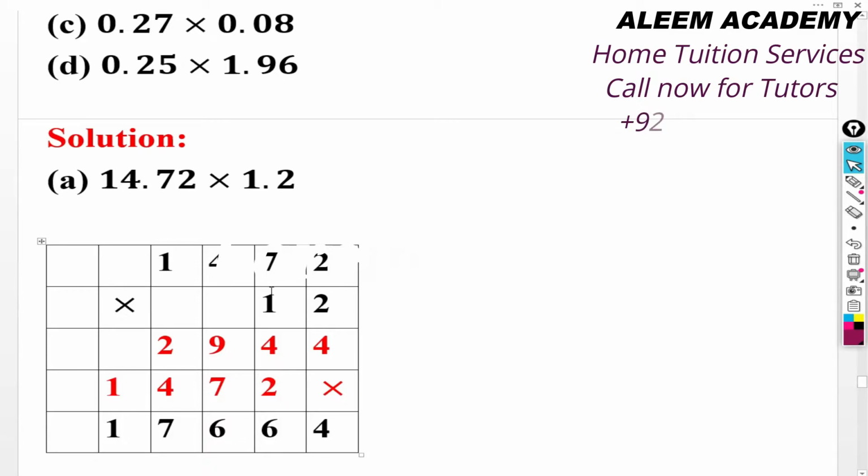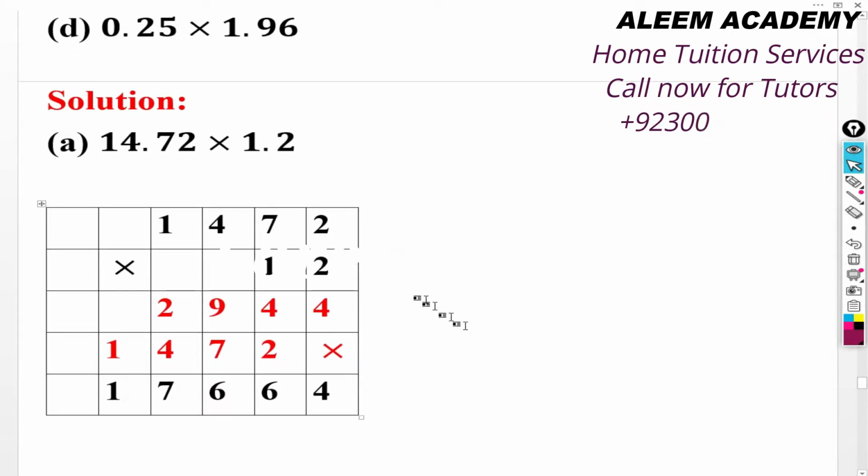Now we have to put the decimal. By putting the decimal, we will get our final answer. You can observe that there are 2 digits after the decimal in the first number, 14.72, and 1 digit after the decimal in the second number.